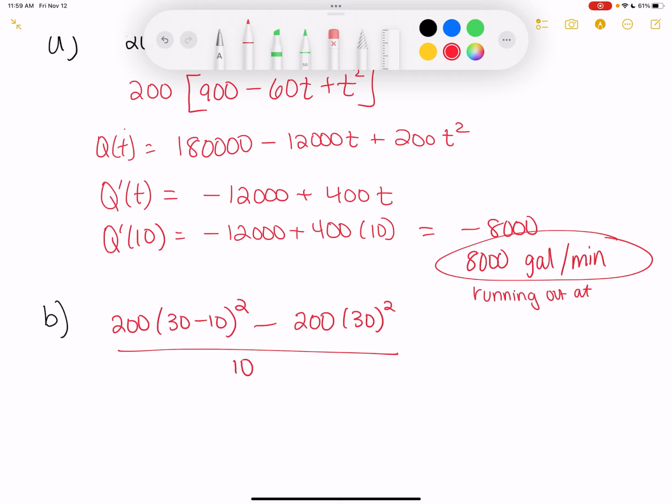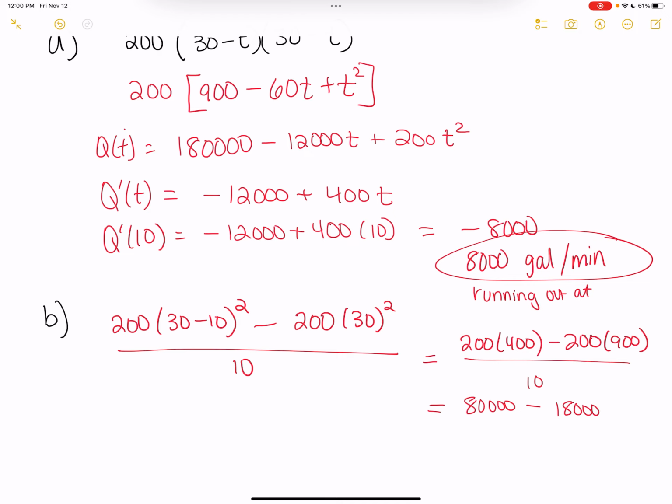And so that gives you, I'm just going to run through it really quick, but 20 squared is 400 times 200. So 200 times 400 minus 200 times 900 divided by 10 is equal to, let's see, 8 and 4 zeros. So is that 80,000 minus 18 and 4 zeros divided by 10.